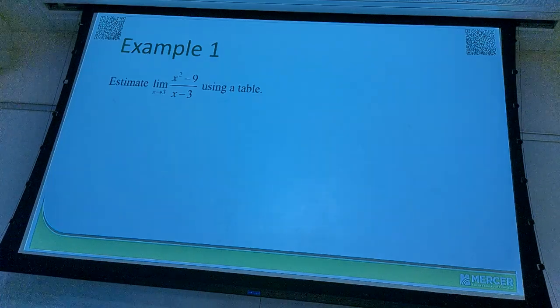This one will use the calculator. For the next table one, I'll actually show you how to generate the table on Wolfram.